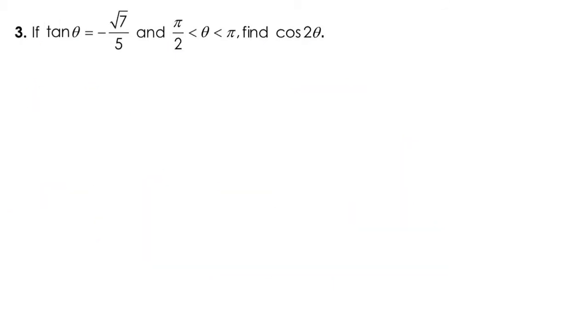For our next problem here, we need to find cosine of 2 theta, and notice that we have several different things that we can use for cosine of 2 theta. And it's just going to depend on what we're given. So let's see what we can use for this one. Let's go ahead and see if we're given tangent of theta, then let's go ahead and draw out our triangle.